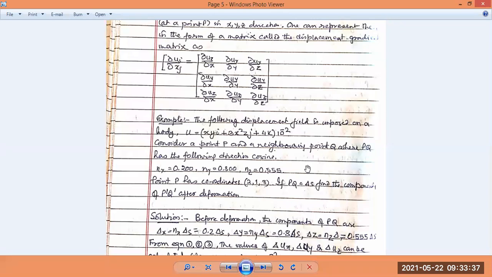It is the cosine of the angle subtended by the length PQ along the x-axis, y-axis, and z-axis. The initial point P is given, and the length PQ is denoted as delta S. So what are we supposed to do?